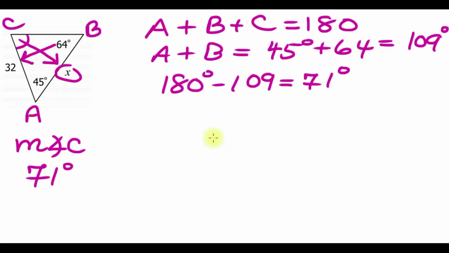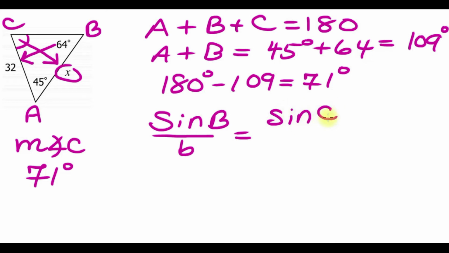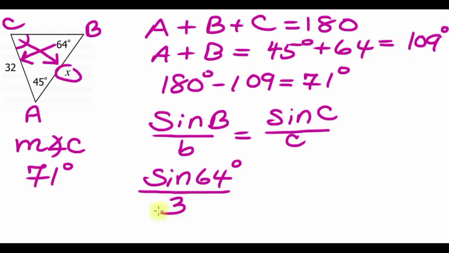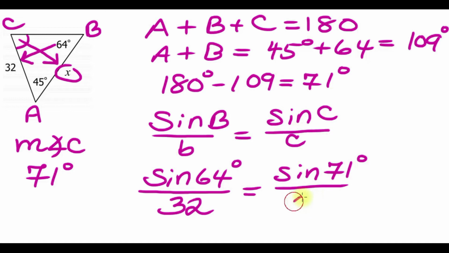Now we can set up an equation to find out what side C is. From the formula for the law of sines, we know that sine B over side B is the same as sine angle C over side C. So we have sine 64 degrees over 32 is sine of 71 degrees over x, because angle C is 71 degrees.